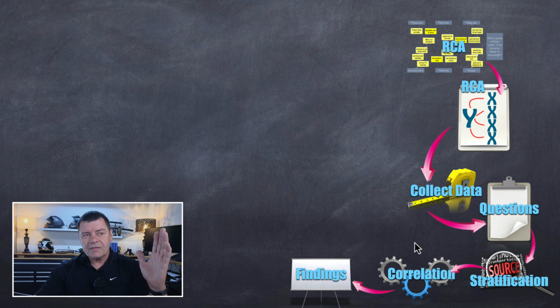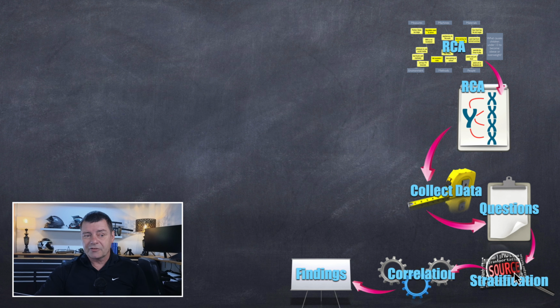But the other part is if you've gone down the quantitative pathway, then you would leave with a data collection plan, go and collect some data, and this is where the analysis comes to the fore. This is a more sophisticated way to approach the data analysis using what we might refer to as Six Sigma type statistical tools. Develop the questions that you need to answer based on the type of data and the variables that you listed in your data collection plan, and then we do a two-step thing.